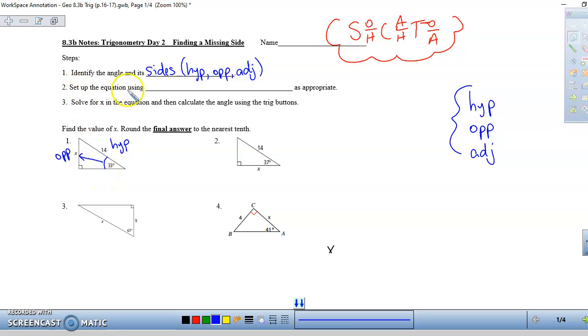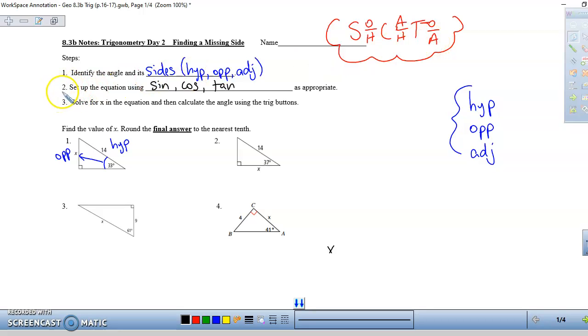Okay, second thing you're going to do is set up the equation using trigonometry. So you're going to use either sine, cosine, or tangent, depending on which sides you have labeled. Okay, so remember, sine is opposite over hypotenuse, cosine is adjacent over hypotenuse, tangent is opposite over adjacent.